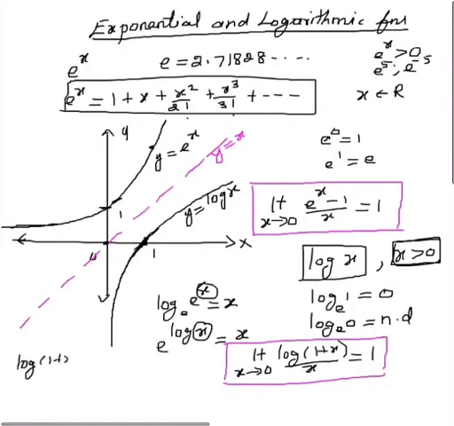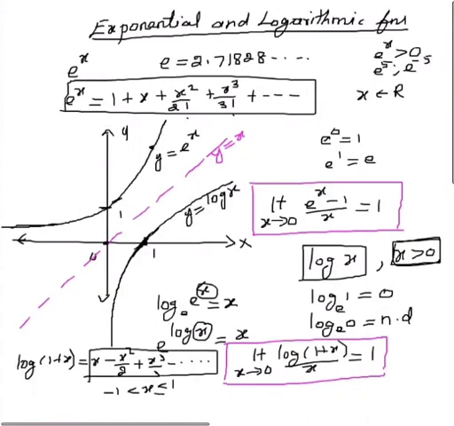So log of 1 plus x is x minus x square divided by 2 plus x cube divided by 3 minus x power 4 divided by 4, etc. In this series, x can take values between -1 and 1. 1 is included.